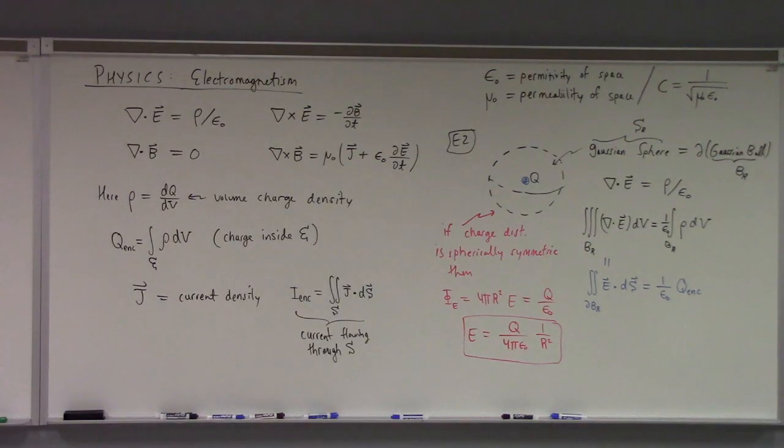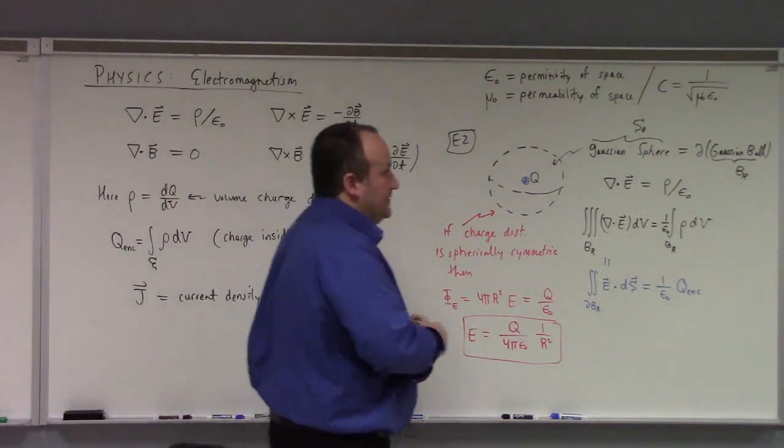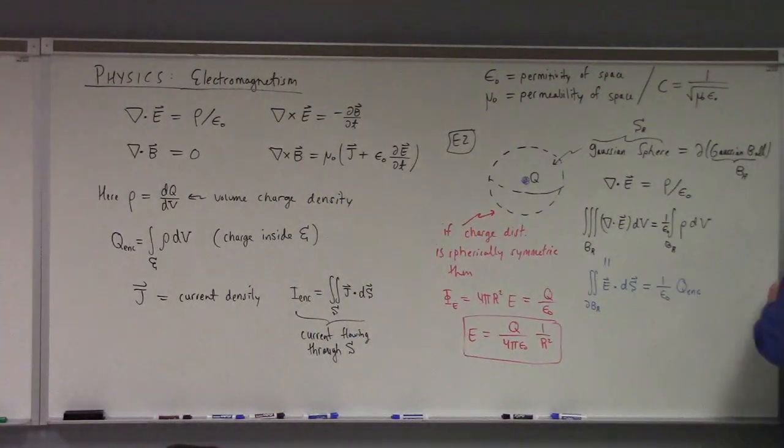Now, there are other examples which have different symmetry. Another good example is if you have lambda equals dq dz, so this is an infinite line charge.